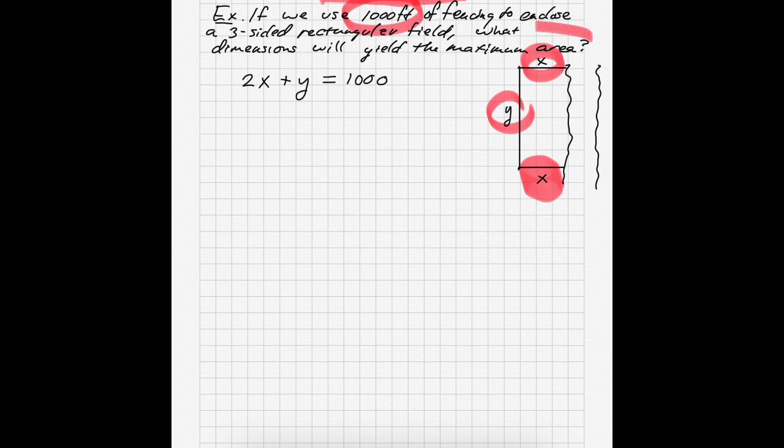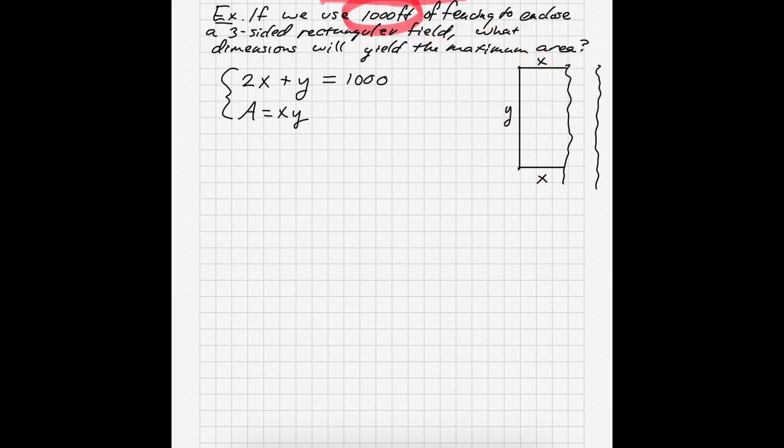Now, the other interesting piece of information here is that we're interested in the maximum area. So I know the area of a rectangle is length times width, or X times Y.